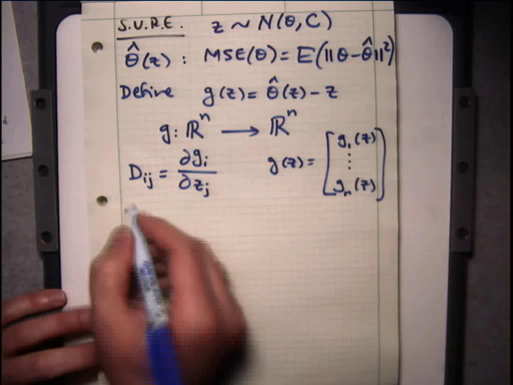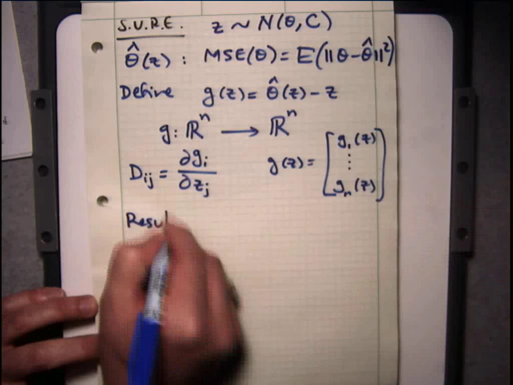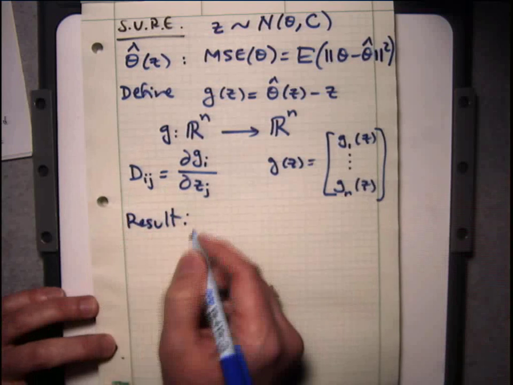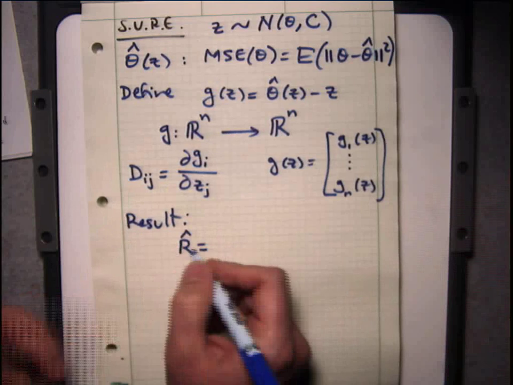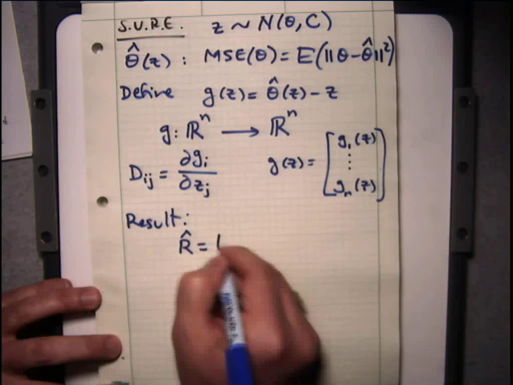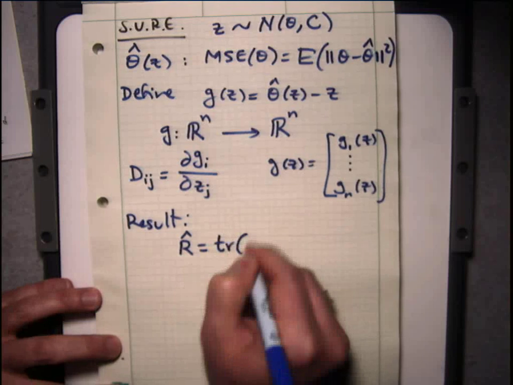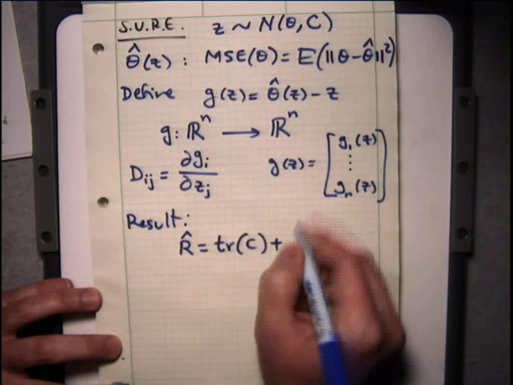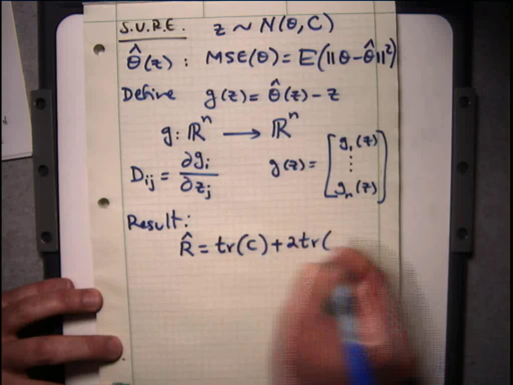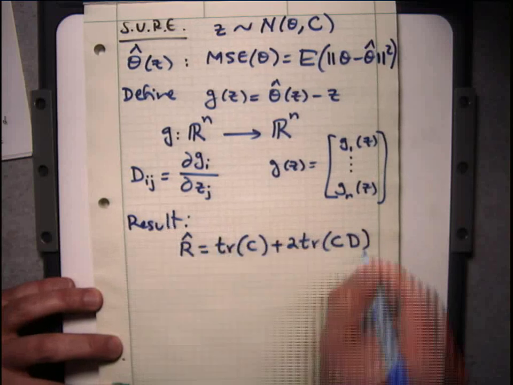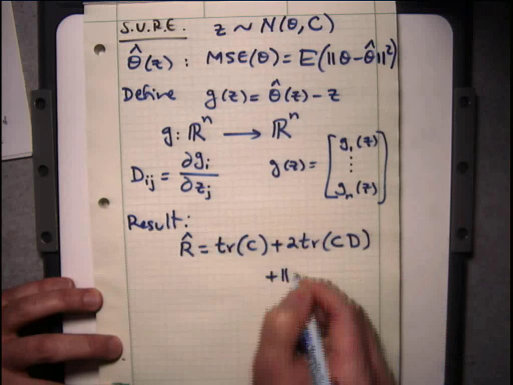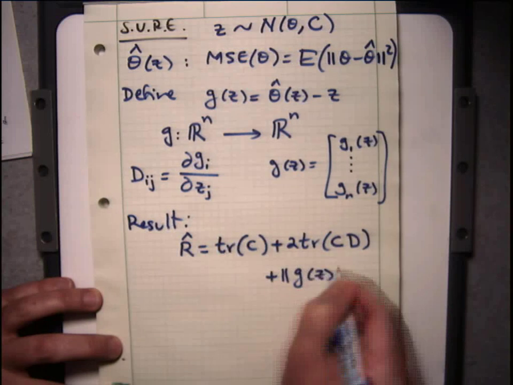Okay, so the result is the following. The following quantity, r hat, which we call the estimate of risk, is the trace of C plus 2 times the trace of C times D, where D is this matrix, plus the norm of g of z squared.